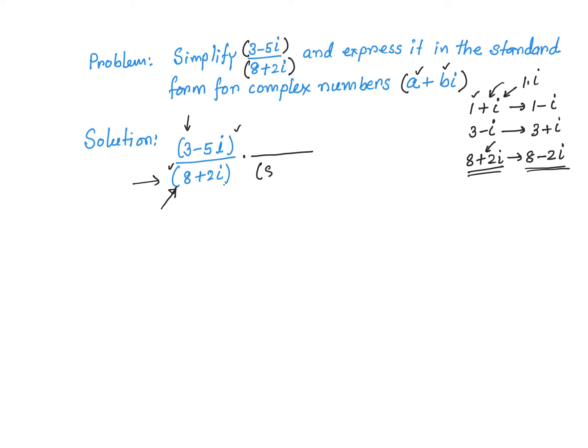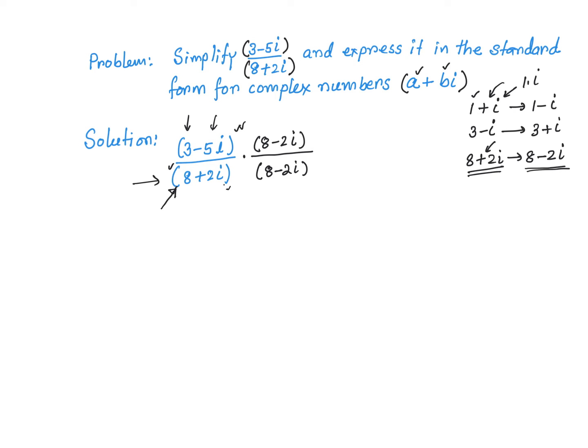I'm going to multiply both by 8 minus 2i. Note, I have multiplied the numerator and the denominator by the same number, other than 0, of course. So it's as if you're multiplying the given expression by 1, so you're not changing anything.